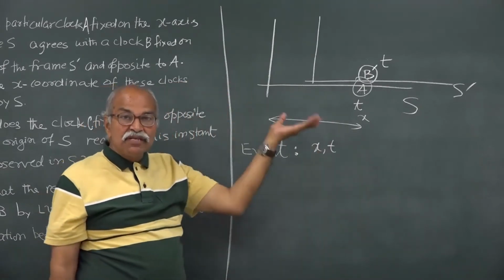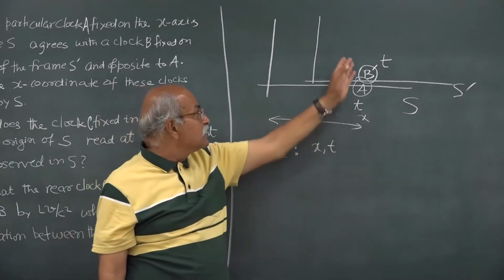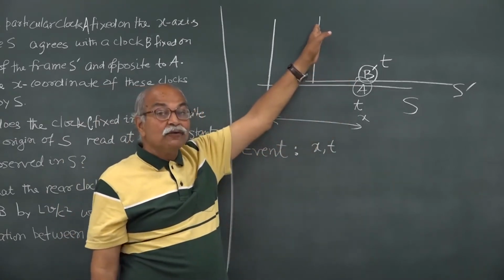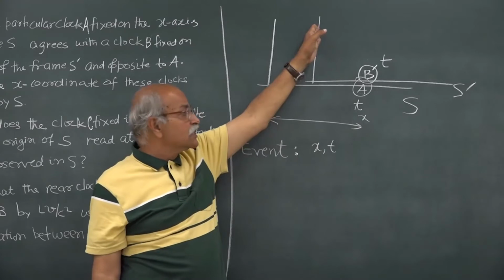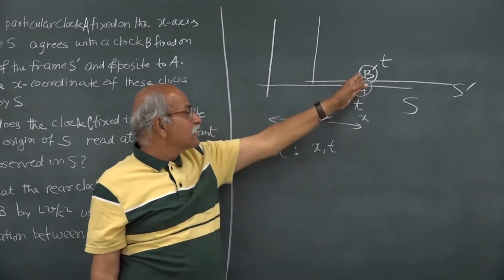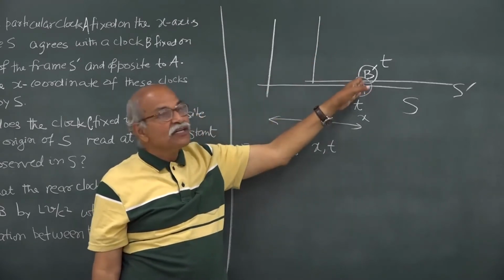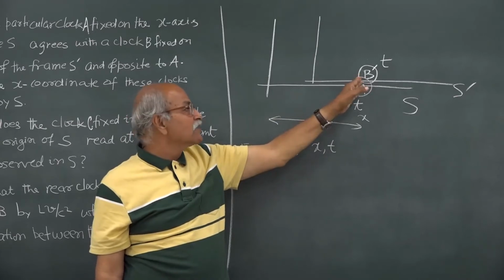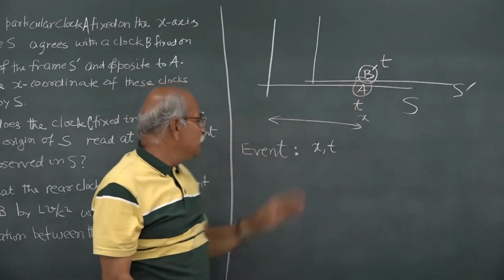When you make the transformation for this same event as seen from S prime, what is the time? So since the event is occurring here, the clock here will read that time, and that time is t, it should be t prime.